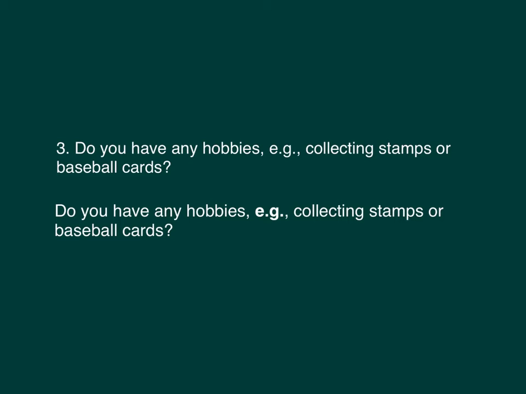Collecting stamps or baseball cards, this particular section is actually a list of the ideas or details related to any hobbies. So therefore, when we use e.g., this particular sentence has a comma before e.g. and a comma after e.g., which is correct. So therefore, when you were proofreading it, you cannot find any mistakes. You're right.